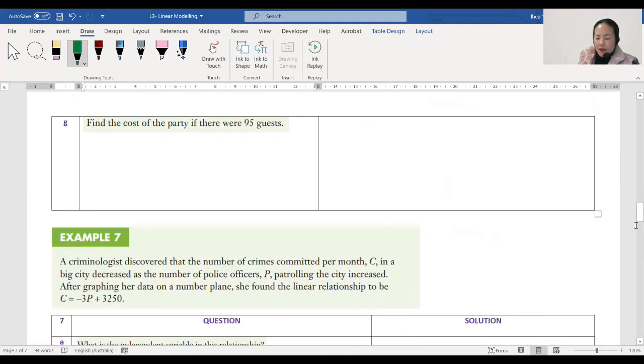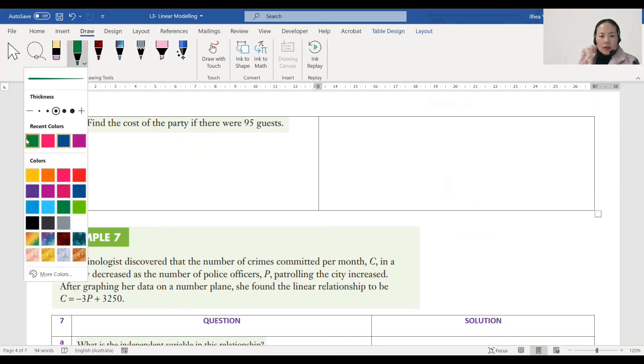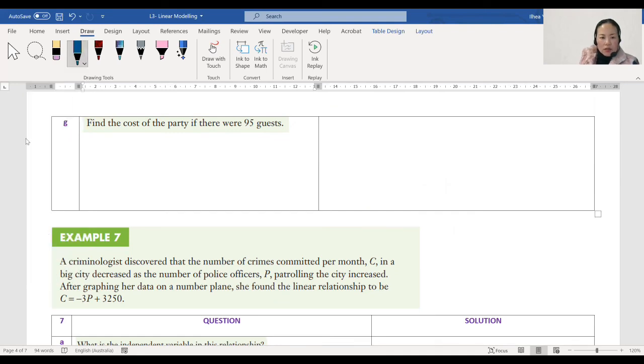Now, finally, we're going to use the formula here, which is good. Okay, so it'll be find the cost. So the cost was big C, wasn't it? And when there were 95 people. That's a pretty big party, isn't it? You can't do that now with the COVID.